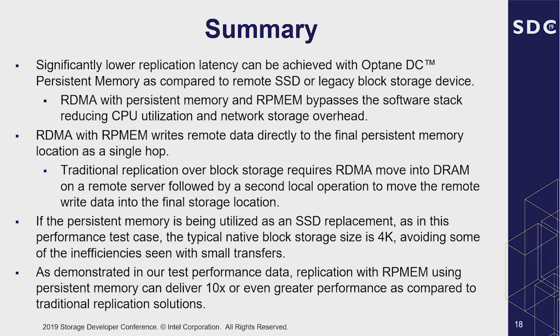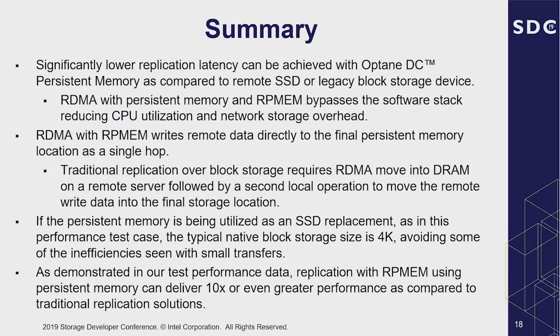If persistent memory is being utilized as an SSD replacement, like we did in this case, the typical storage size is usually 4K. That's what we used. You can avoid a lot of inefficiencies seen with small transfers.